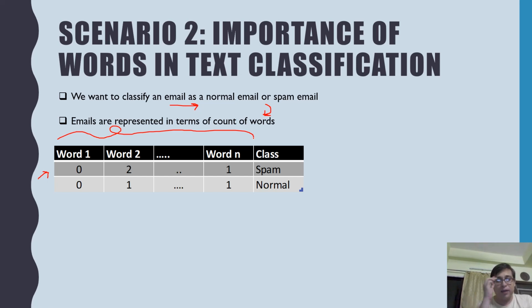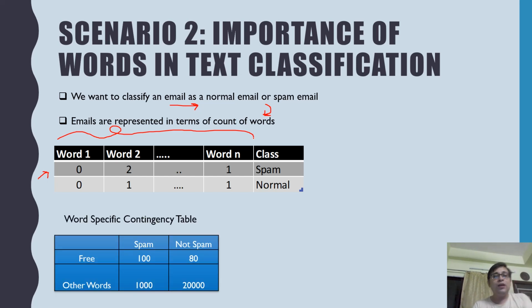Now, what we try to do is find a corresponding contingency table for the words here. So how do we do that? Let's say we are looking at the word free. We first find out how many emails there are which have the word free and are spam.